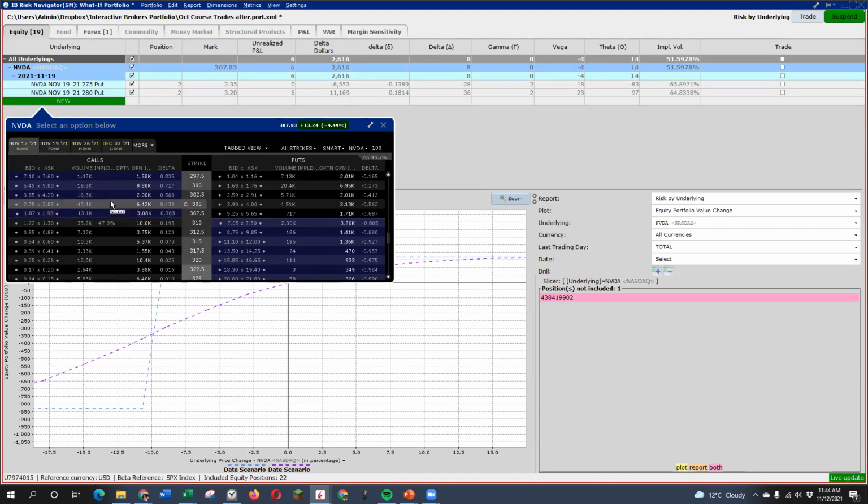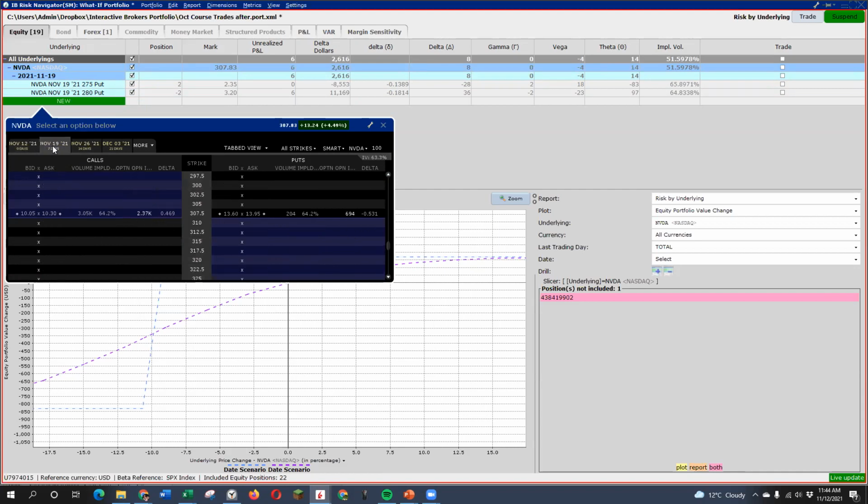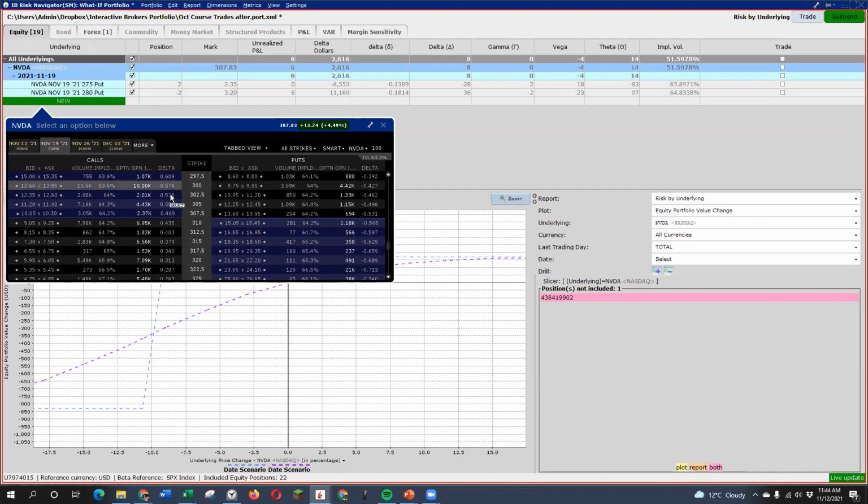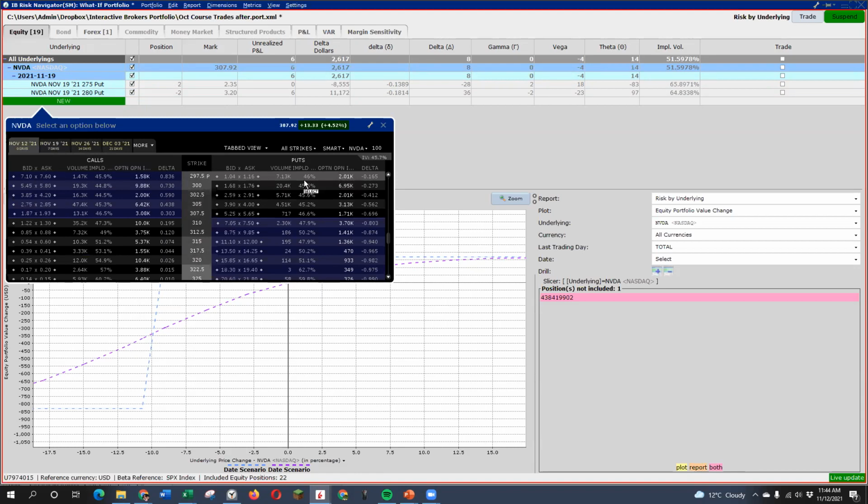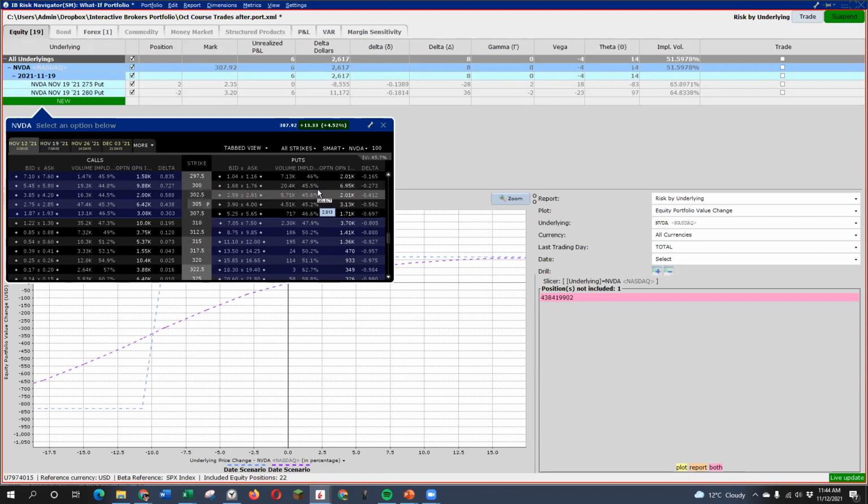This is already kind of expired, so it's not a great example, but all these options expiring on November 19th are after earnings, so they have exposure to earnings, 64% volatility. These ones expired on the 12th, or tomorrow, I guess, 45% volatility, much lower volatility because they don't have exposure to earnings. Makes sense, right? So again, something to be aware of.